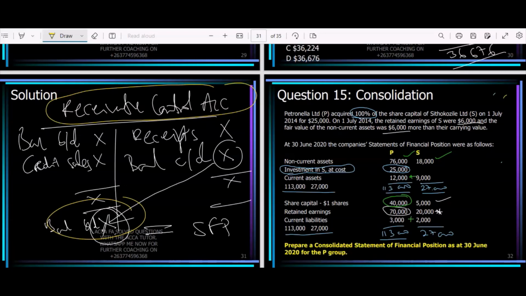We only extract as per entries in the sales daybook, not the grand totals, but we extract information per each customer and slot it in the receivables ledger. You still remember that the receivables ledger is not part of the double entry bookkeeping system, but the receivables ledger control account is part of the double entry bookkeeping system as it is found in the general ledger.